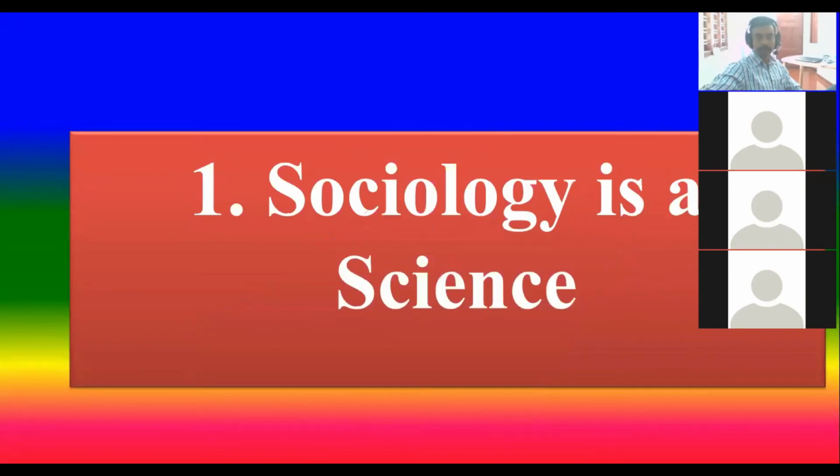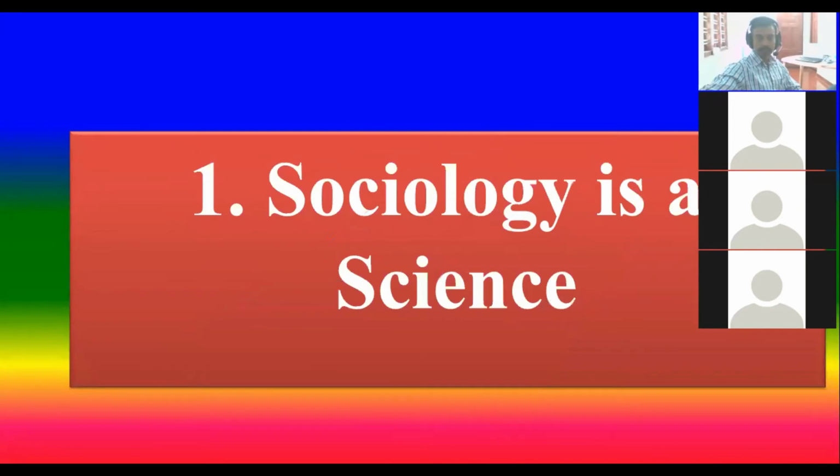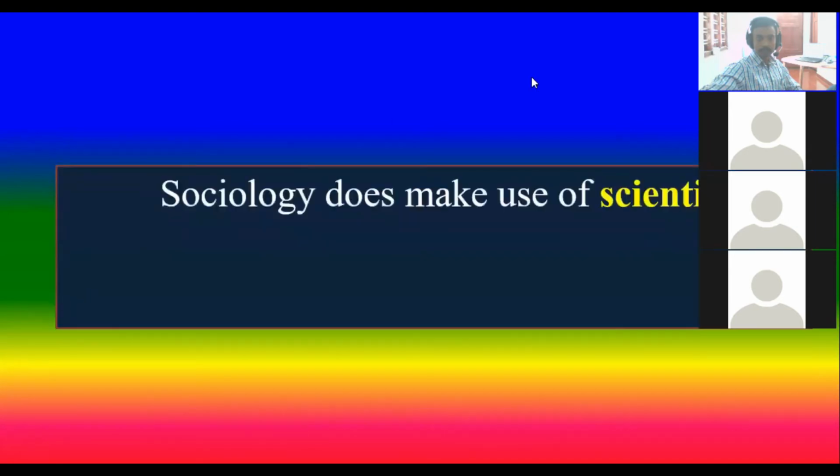First, we are going to detail how sociology is a science. Sociology uses scientific methods, for example, for research.